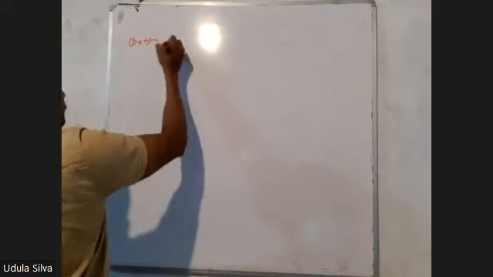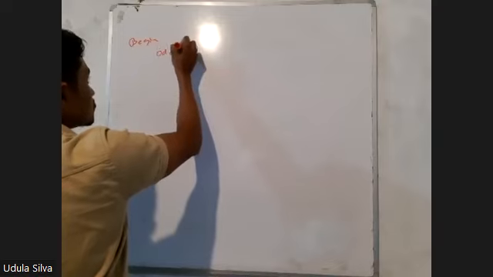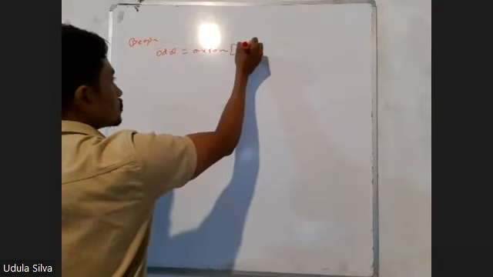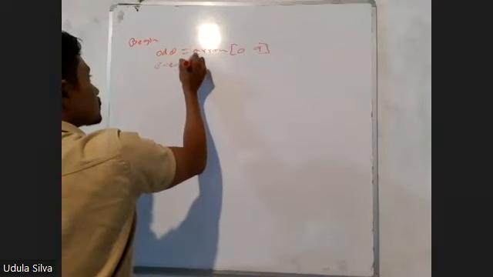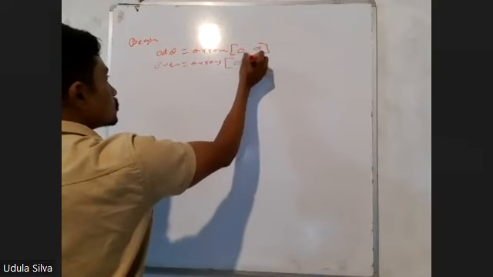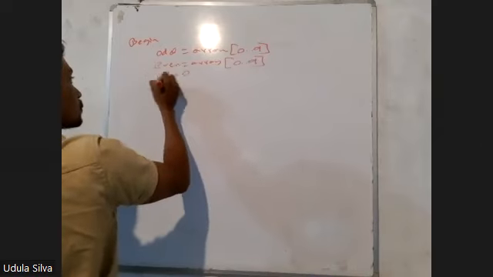Begin. Odd equals array 0 to 9. Even equals array 0 to 9. OD equals 0.